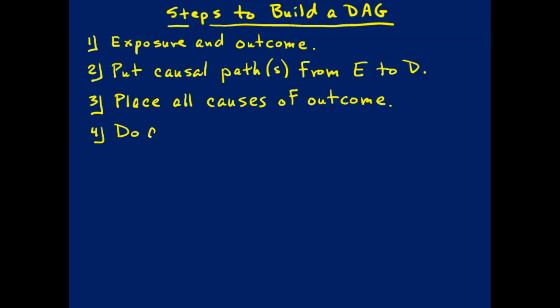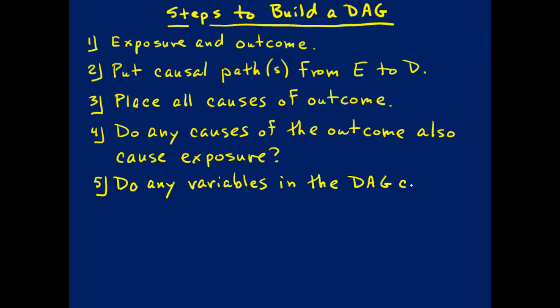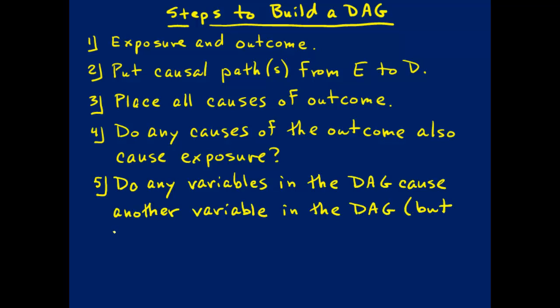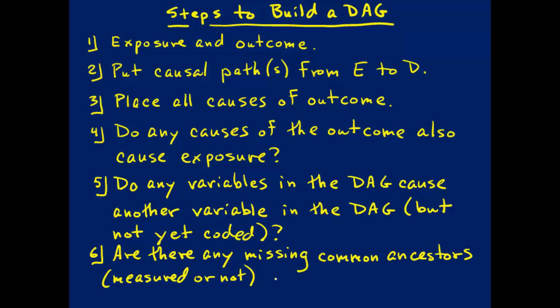And once you've done that, you should think, do any of those causes of your outcome also cause your exposure variable? And then once you've finished that, you can begin looking at all the pairs of variables in your DAG and see if there are any missing arrows there. And finally, you can then begin thinking about any of the missing common ancestors for any pairs of variables that are in your DAG.